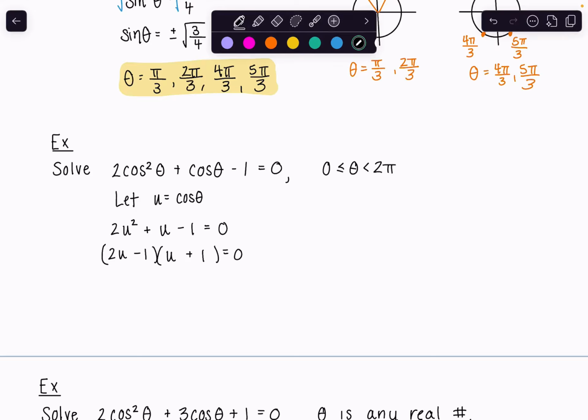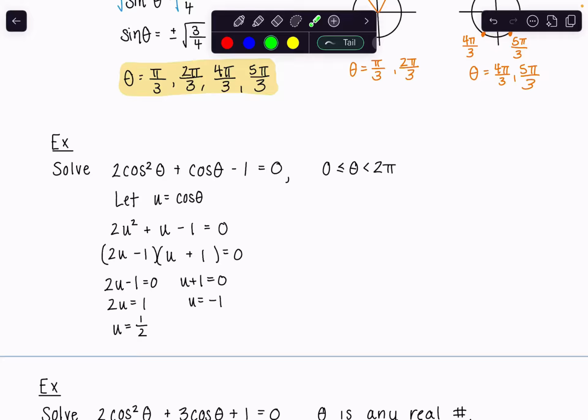So to solve this equation, then we set 2u minus 1 equal to 0 and u plus 1 equal to 0. That tells us 2u equals 1, and then dividing by 2 gives us u has to be 1/2. Subtracting 1 over here gives me u is equal to negative 1.